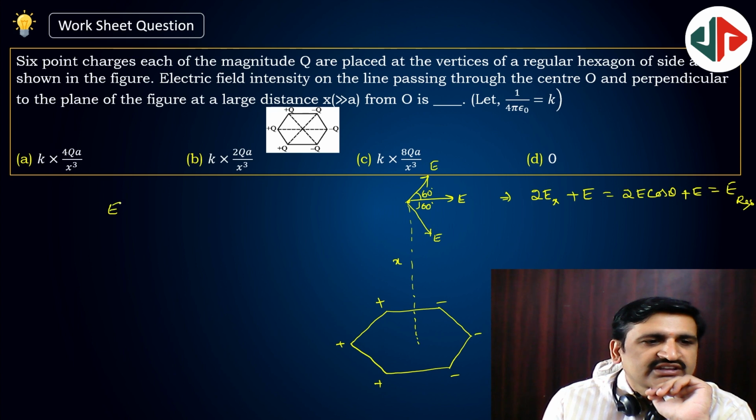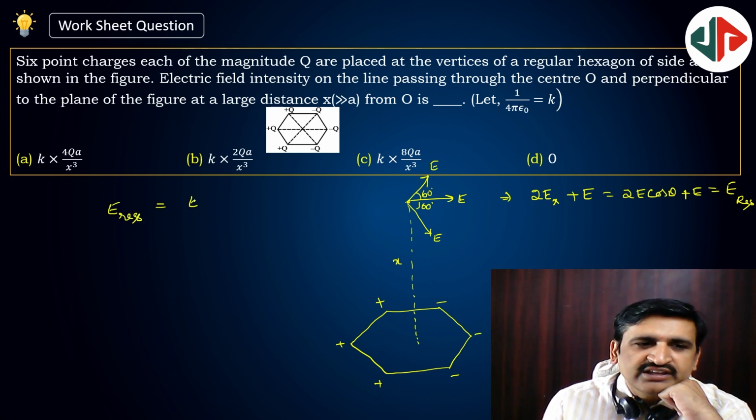So E resultant equals E of 2 cos theta plus 1. 2 cos theta is 1 because of 60 degrees, plus 1. So it is 2E.